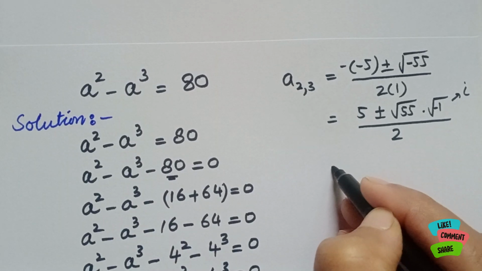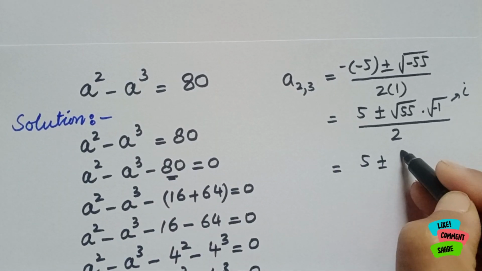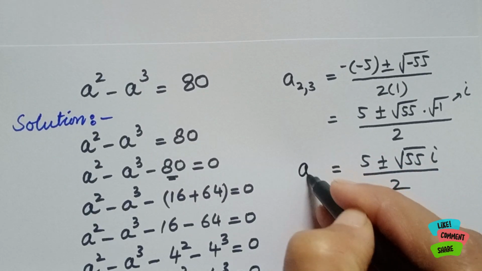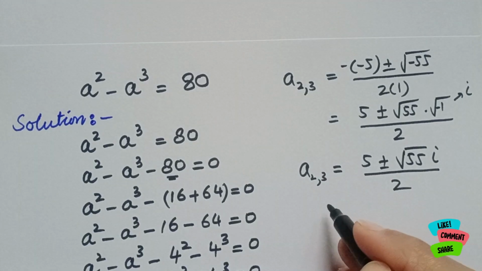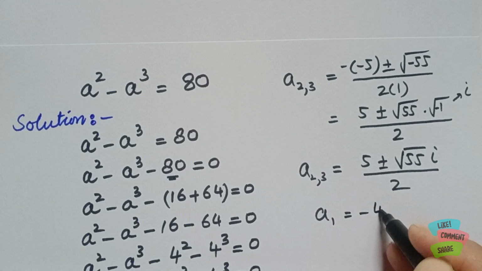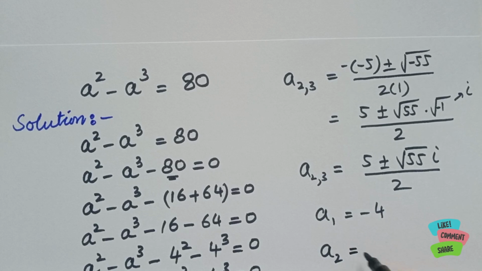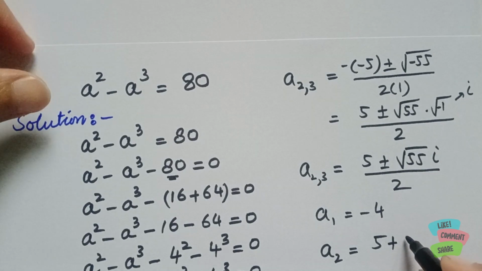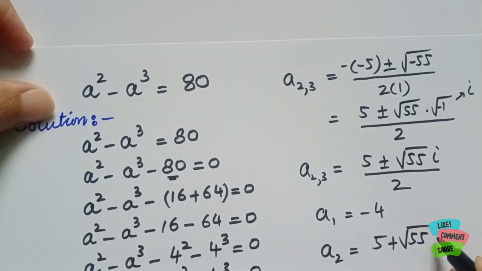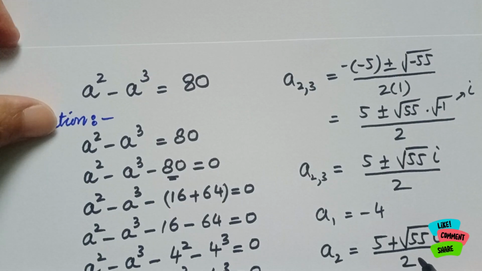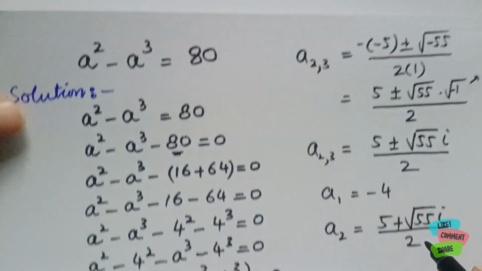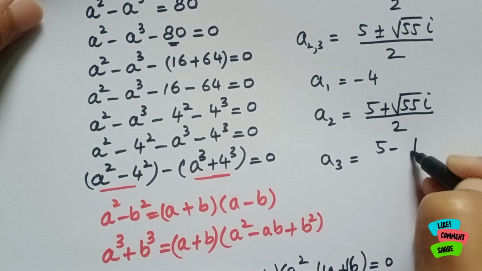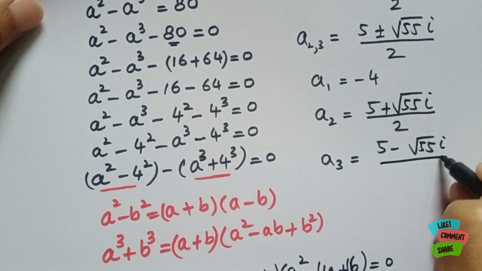So we will write here 5 plus or minus square root 55 i over 2. So our first root is minus 4, and our second root is 5 plus square root 55 i over 2, and then our third root is 5 minus square root 55 i over 2.